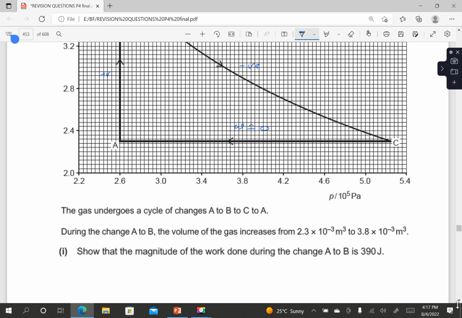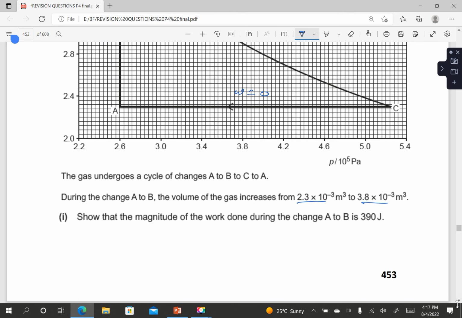Okay, the gas undergoes a cycle of changes, A to B to C to A. During the change A to B, the volume of the gas increases from that to that. Show that the work done on the gas during the change from A to B is 390. I think that is easy. Work done is equal to pressure times change in volume. The pressure is 2.6 times 10 power 5 pascals.